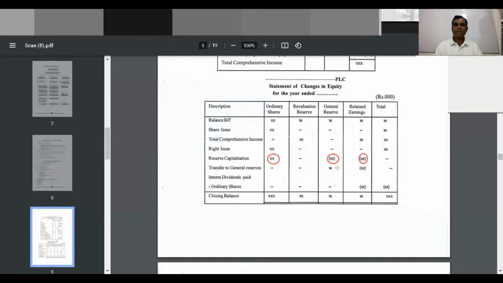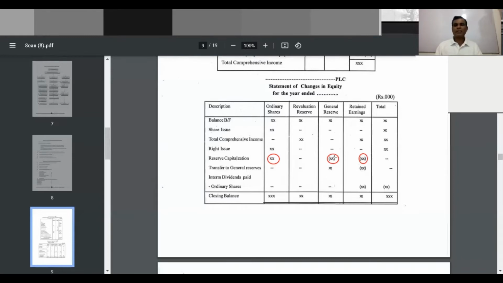So the double entry is: retained earning account debit 900, general reserve account debit 100, both credited to stated capital account. Once again, if the company issues 1,000 value of shares and retained earning has only 900, the total retained earning amount should be taken for capitalizing, and the rest, 100, from the general reserve.